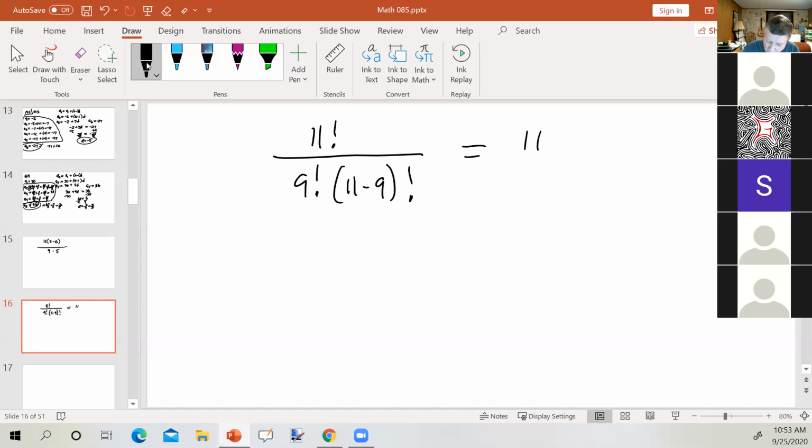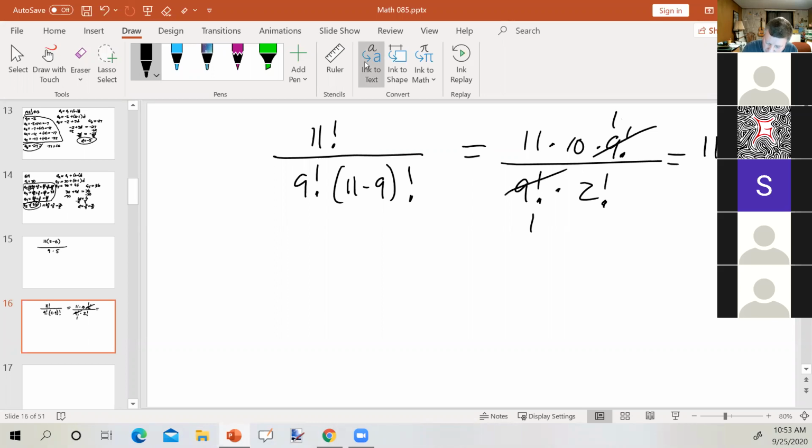So 11 factorial could be written as 11 times 10 times 9 factorial. 9 factorial is 9 factorial. 11 minus 9 would be 2 factorial. So we could reduce out the 9 factorials.